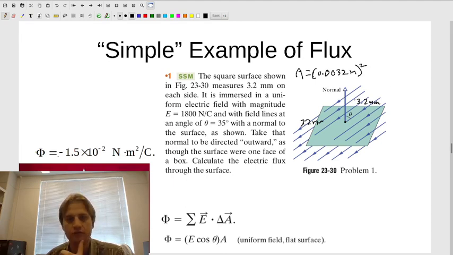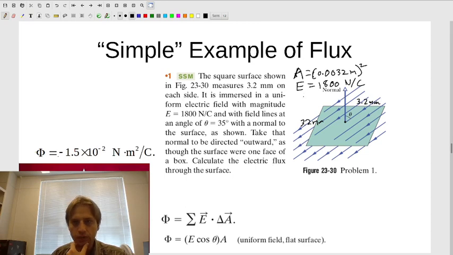Divide by 1,000 to do a unit conversion between meters and millimeters. It is immersed in a uniform electric field with a magnitude of 1,800 newtons per coulomb, and with field lines at an angle of 35 degrees with a normal at the surface as shown.